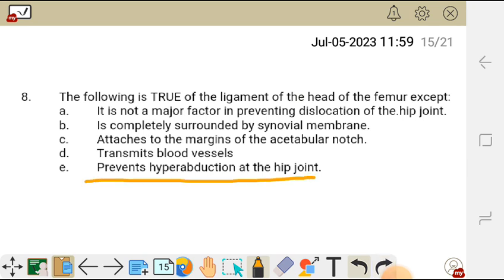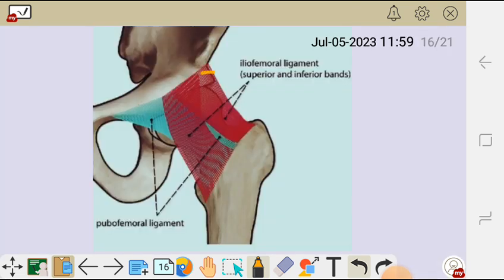So the ligaments which prevent hyperabduction at the hip joint are these ligaments here. Okay, so we have iliofemoral ligament and pubofemoral ligament. So especially pubofemoral ligament, that ligament which is found inside there, is going to prevent excessive abduction, and this one is going to prevent excessive extension.